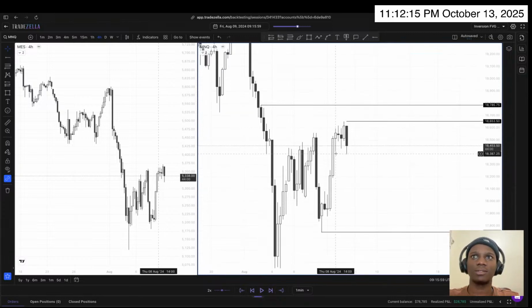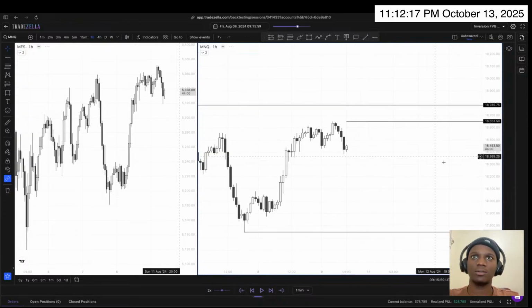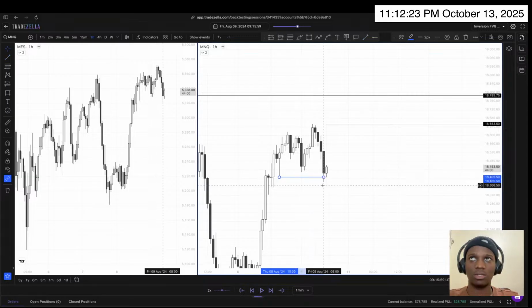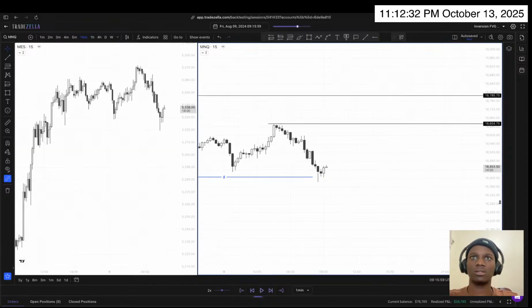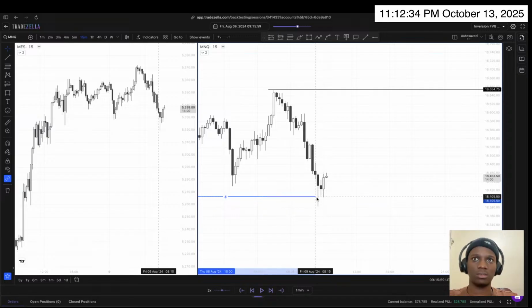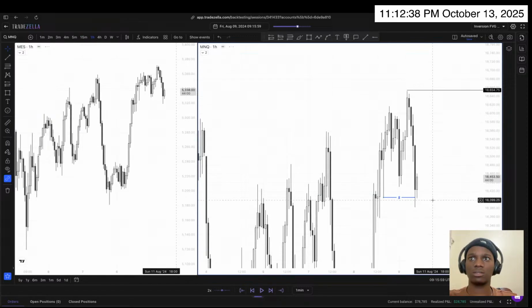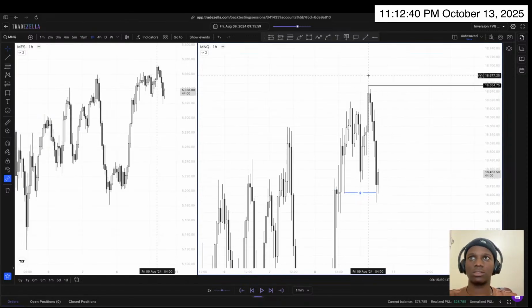There's a fair value gap here that we've tapped into. We check the 1 hour, you can see that we have a good sweep over the lows. Right to here. Sorry. Sweep. This will be like the shortest low.